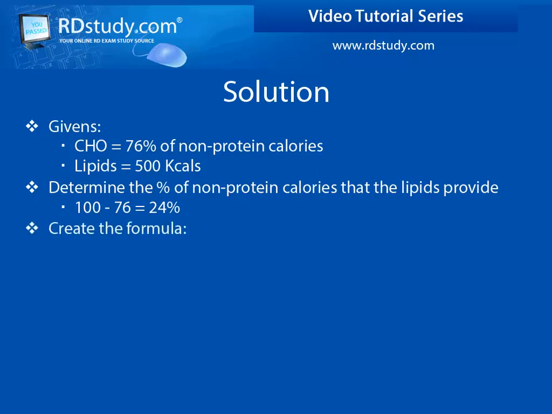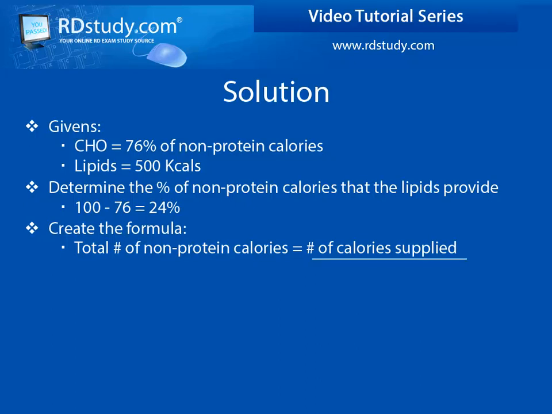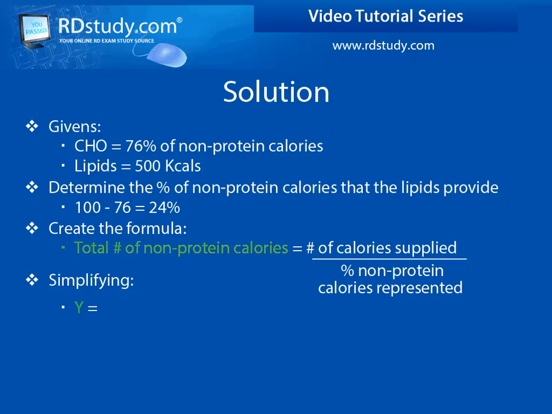So let's set up the equation in order to solve. The total of non-protein calories is equal to the number of calories supplied by the nutrient divided by the percentage of those nutrient calories that they represent. Set y equal to the total number of non-protein calories.